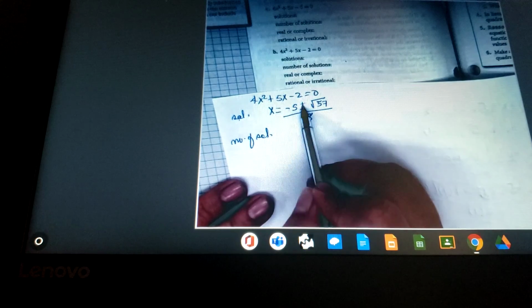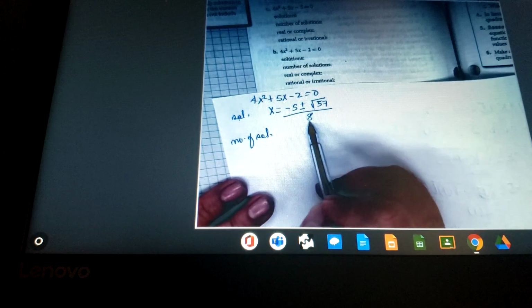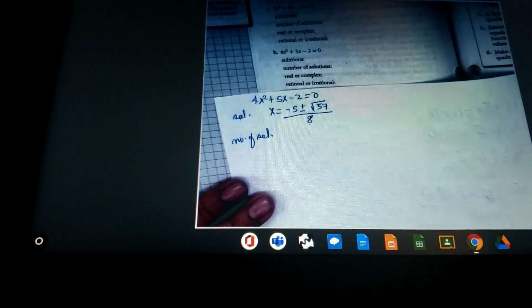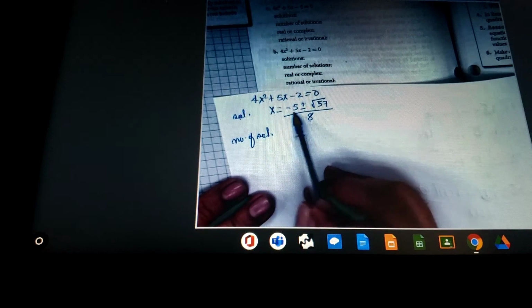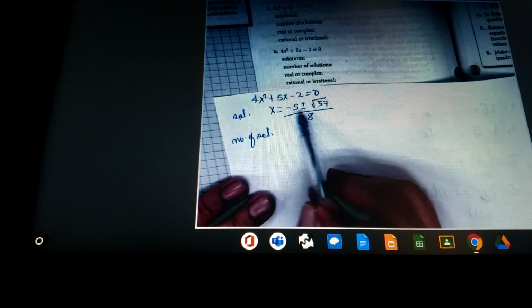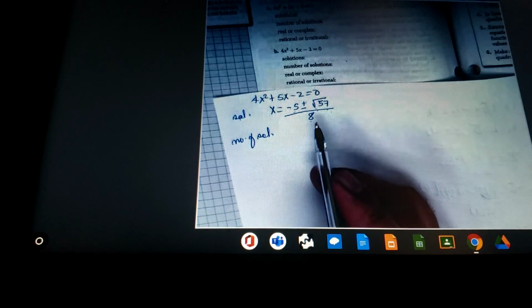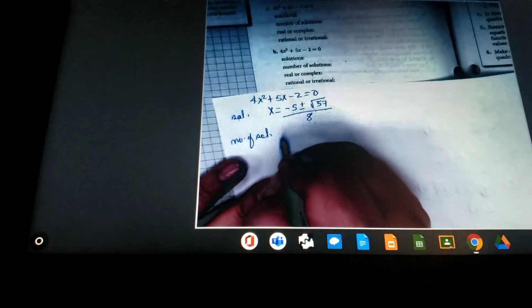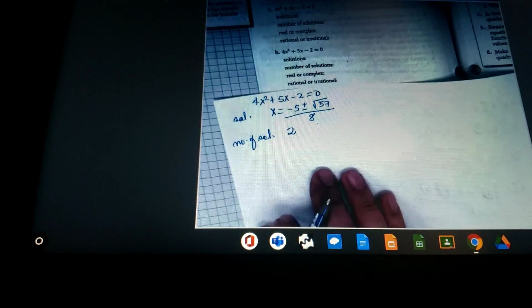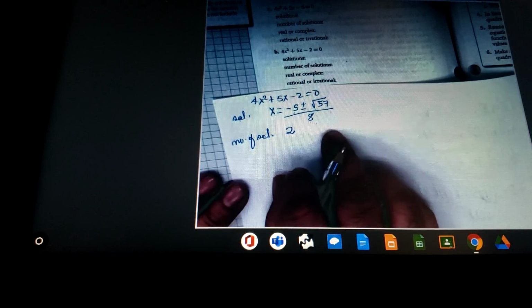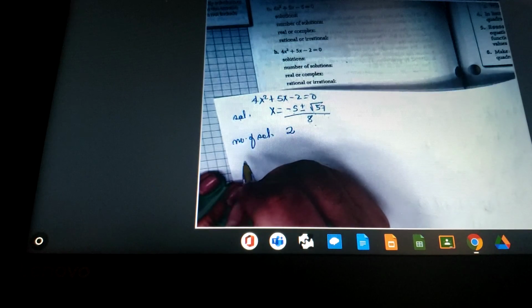Negative 5 plus the square root of 57 over 8, the first one. The other one is negative 5 minus the square root of 57 over 8. So we have 2 solutions for x.